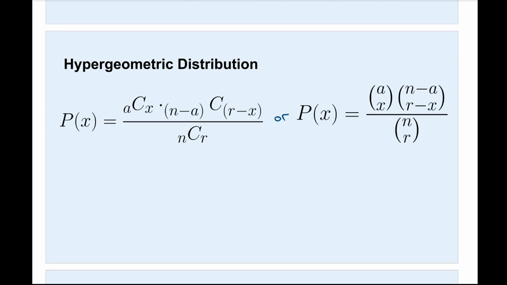So starting with A. A represents the number of total successful outcomes. X is the number of actual successes.